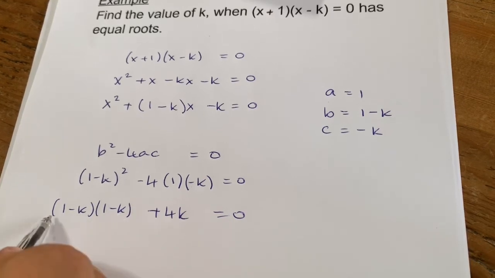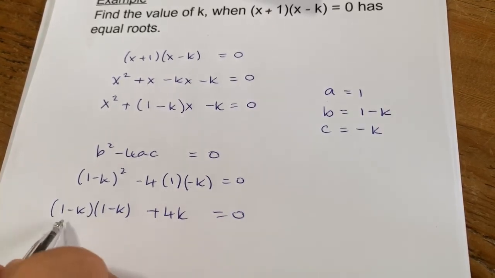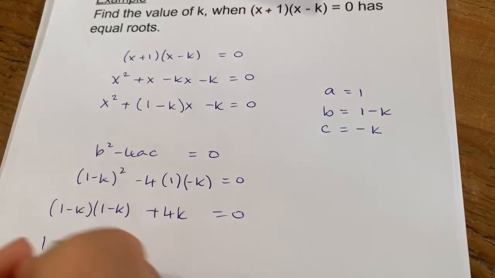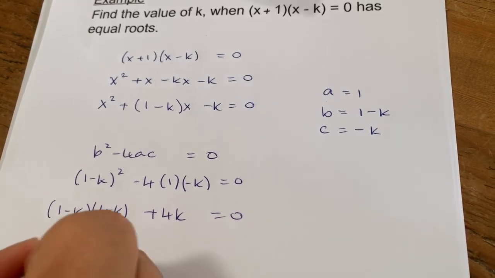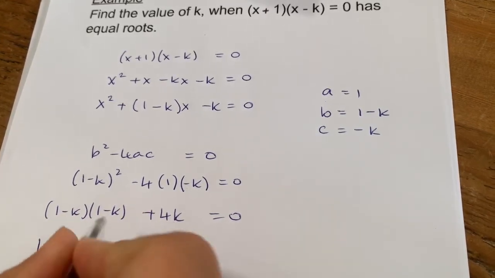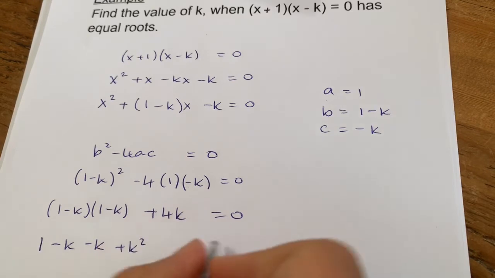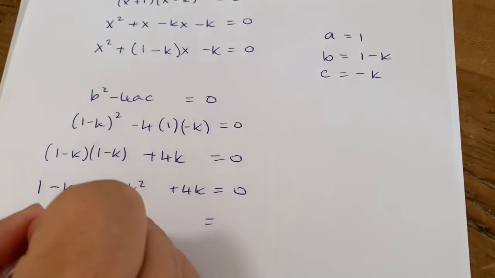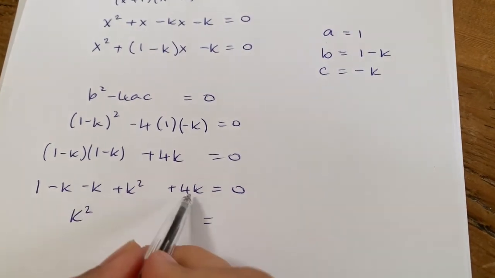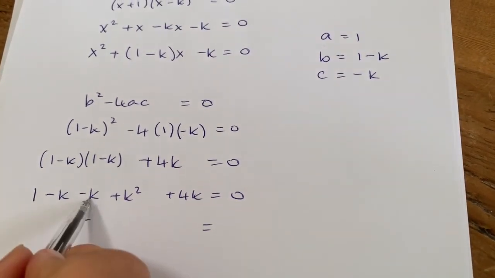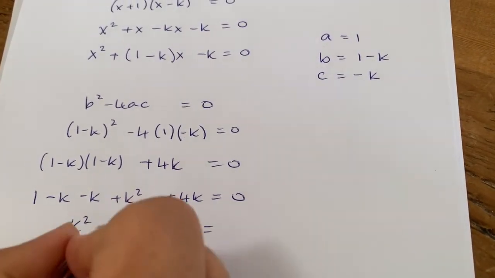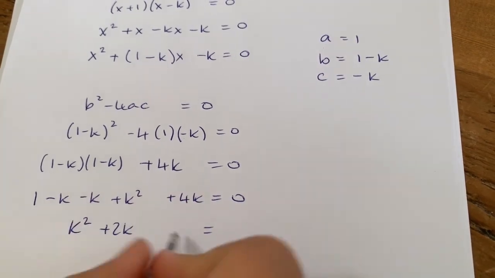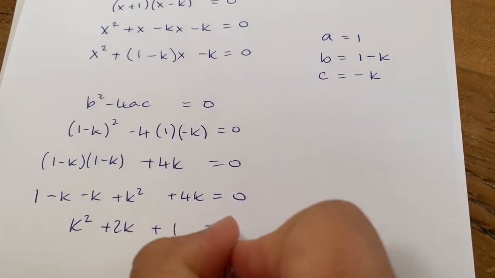So multiplying this out and tidying it up, gives you 1 times 1 is 1, 1 times minus k is minus k, plus k squared plus your 4k at the end. Tidying it all up, you get k squared. I've got 4k minus 2k, which gives me 2k, and I've got my 1 stuck at the end.